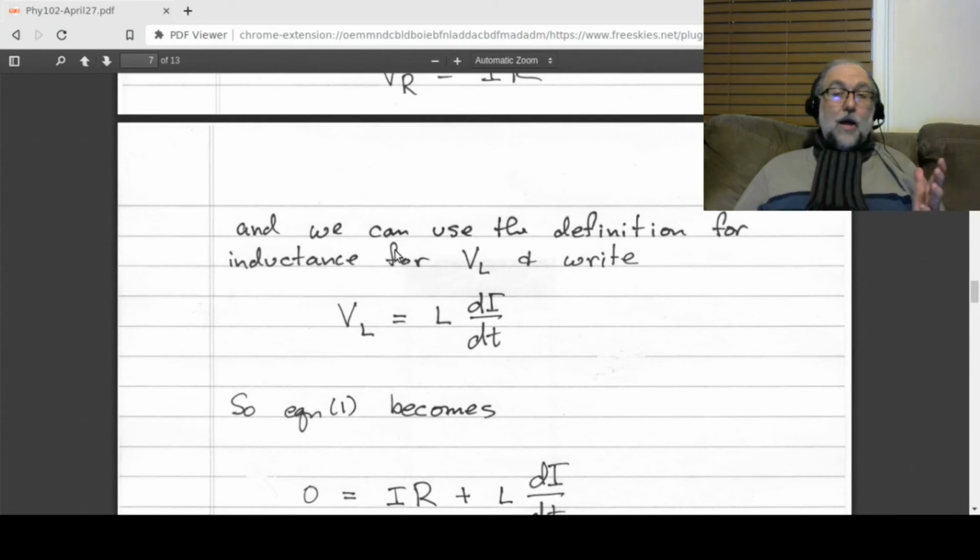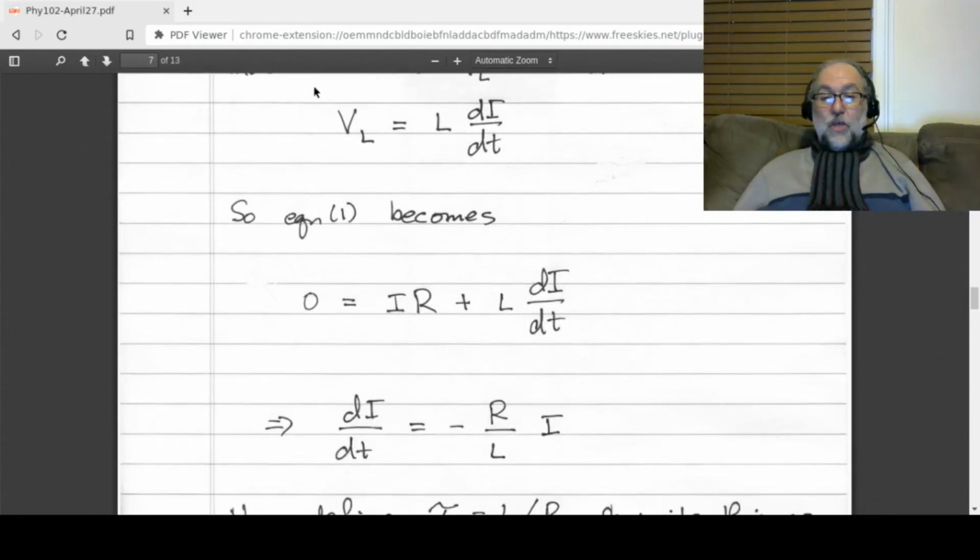It's defined by this formula: the potential drop across the inductor is equal to the inductance multiplied by the rate at which the current changes. If there is no change of current across an inductor, there is no induced potential. When the current tries to change, the inductor resists that. But if the current does change, that's when a potential is set up. There's the formula for the potential across the inductor.